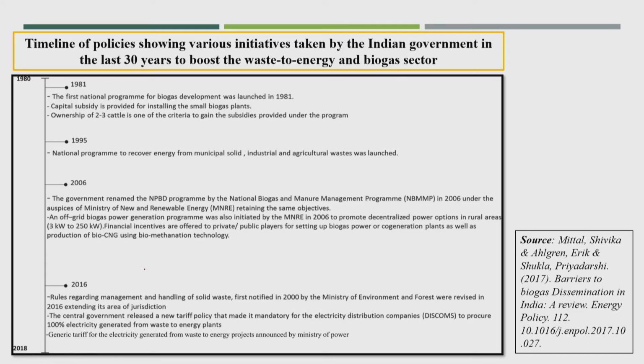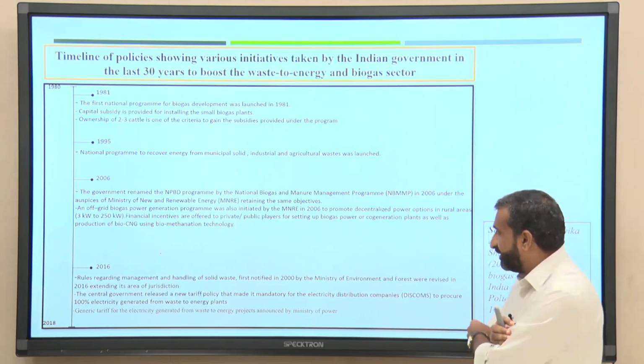So, in 2016 the rules regarding management and handling of solid waste, first notified in 2000, were revised, and the central government released a new tariff policy that made it mandatory for electricity distribution companies to procure 100% of the electricity generated from waste to energy plants. I think this is one very important document that has come up now.